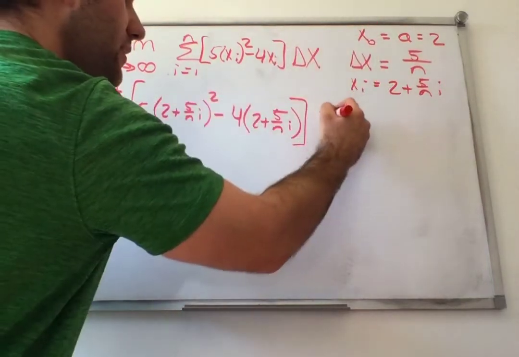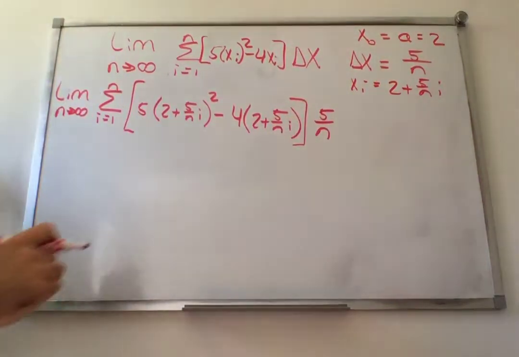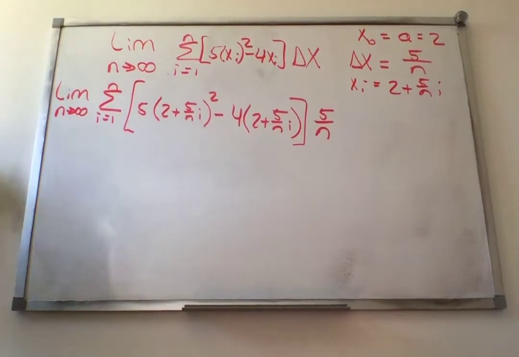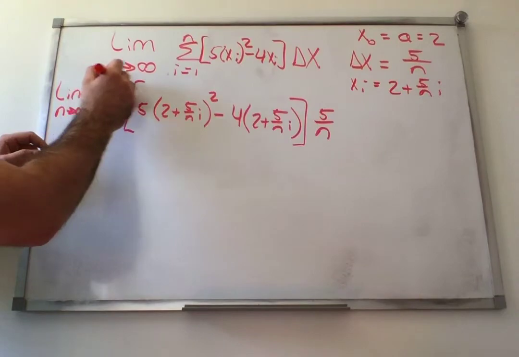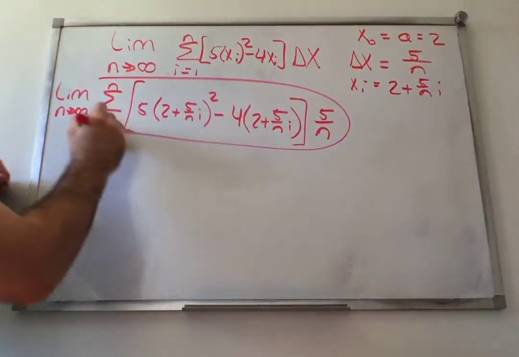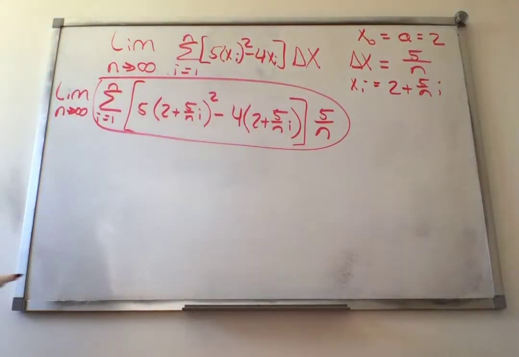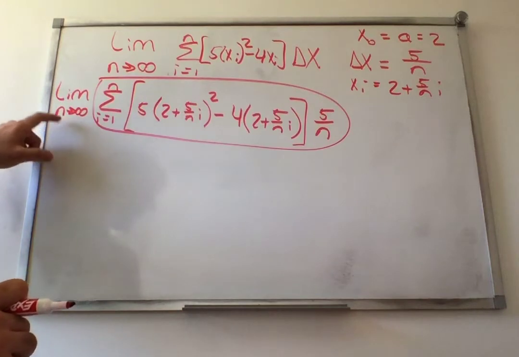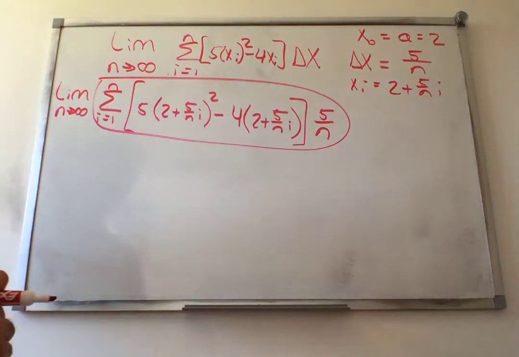Delta x is 5 over n. So what I need to do here is take care of this sum first. After I take care of that sum, I can evaluate this limit.